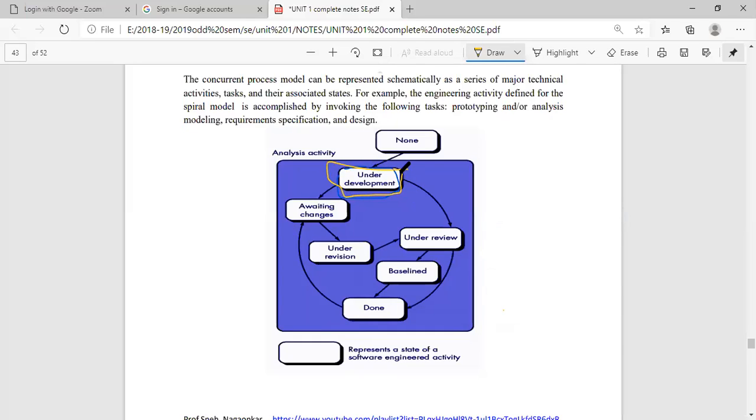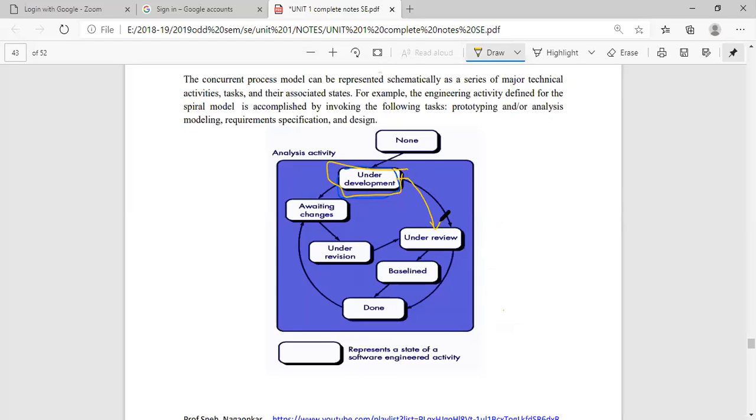If the module is designed properly, has no problems, no errors, and is totally bug free, with no defect, it will directly go for review.